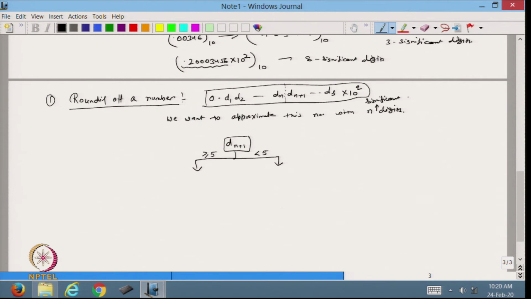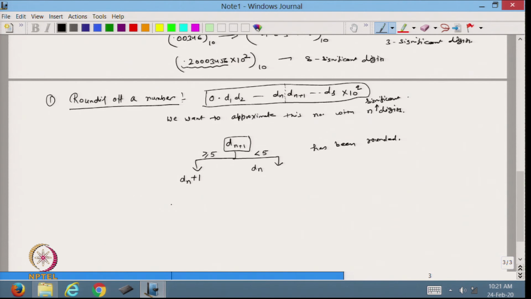If it is greater than or equal to 5, then the nth digit will be increased by 1; otherwise dn remains the same. That is called the rounding of a number, or we can say the number has been rounded off.